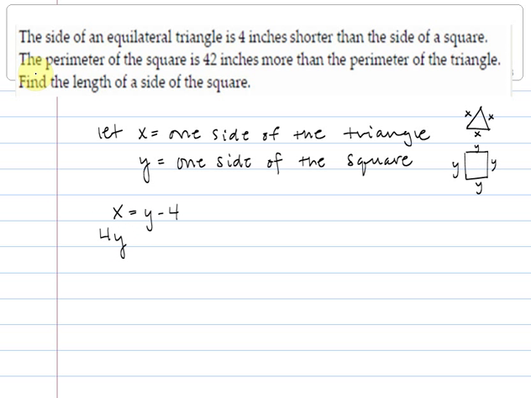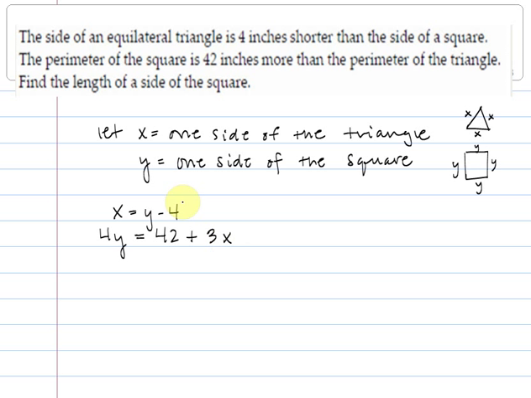And we are told that the perimeter of the square is, so equals, 42 inches more than, which is represented by 42 plus, and then the perimeter of the triangle. Since the triangle has a side of x, the perimeter would be x plus x plus x, which we can write as 3x. And there you have your second equation for this problem.